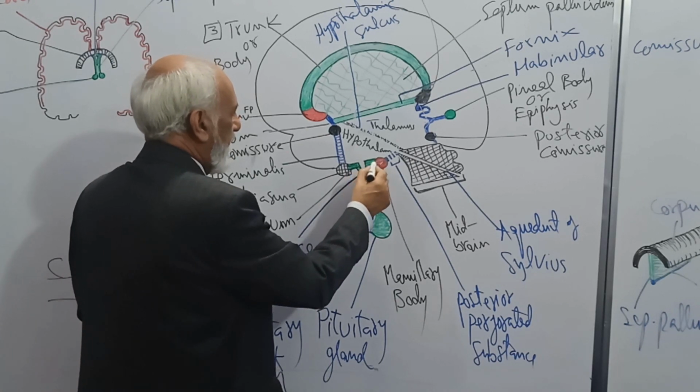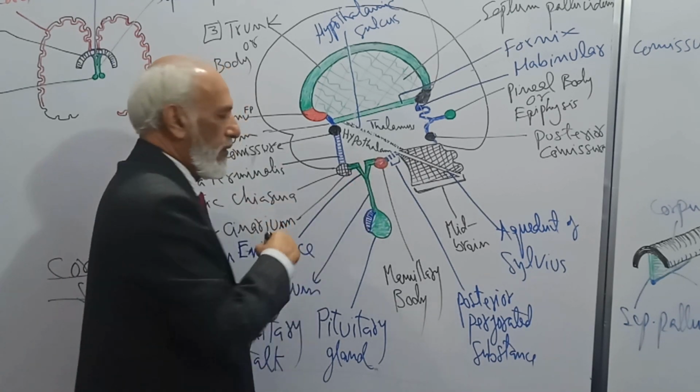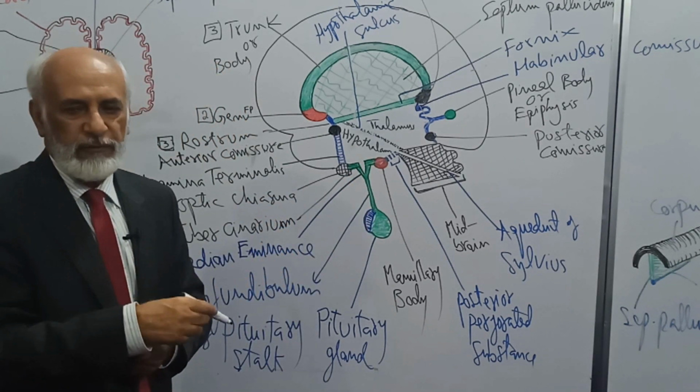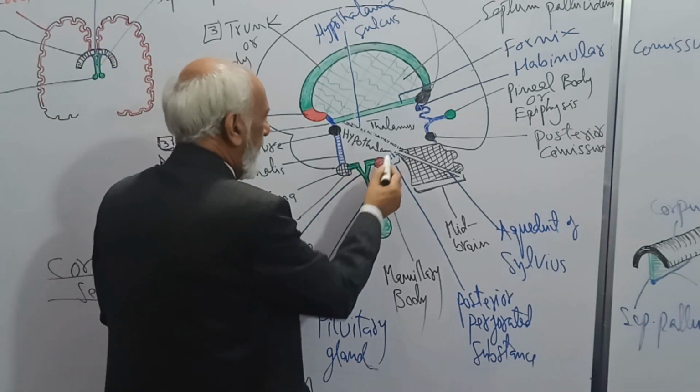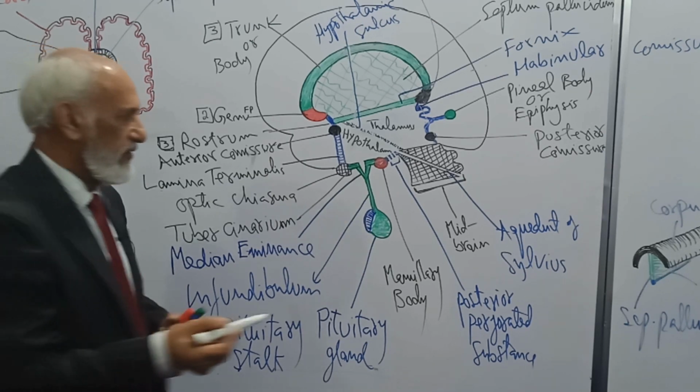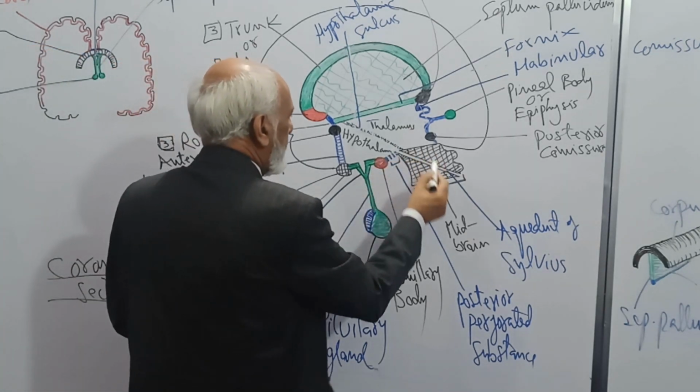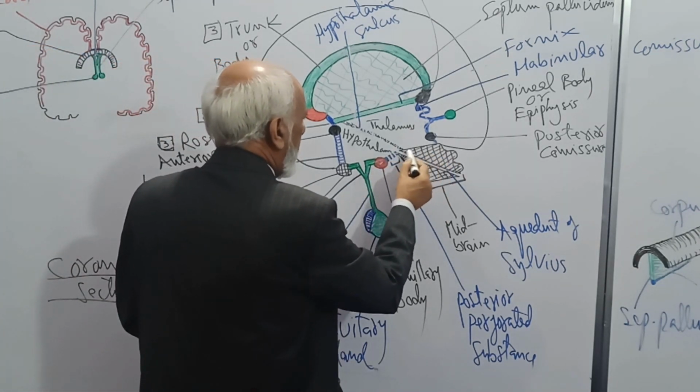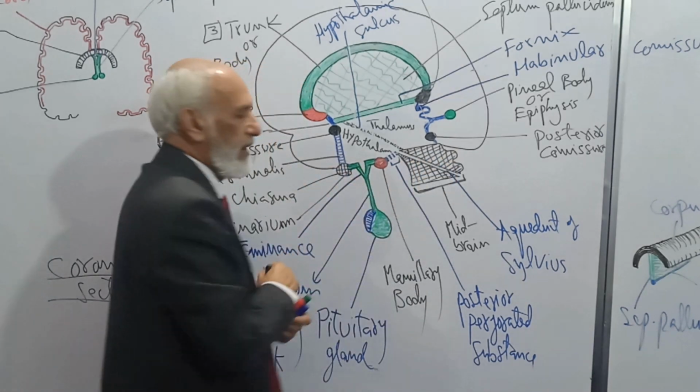Behind the tuber cinereum are two bodies known as the right and left mammillary bodies. Still behind is the upper part of the posterior perforated substance. Then still behind is the upper end of the midbrain.